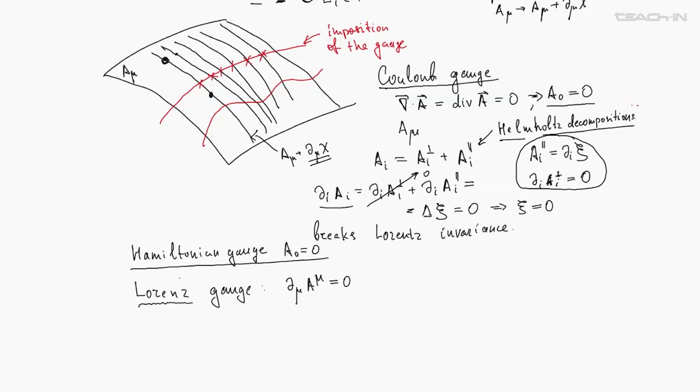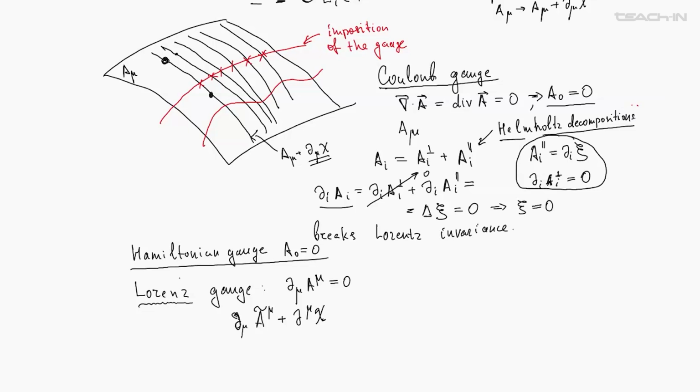Say you have some gauge potential, A mu tilde, which does not satisfy this condition, and you add to it a gauge transformation, and then you require that d mu acting on this gives you 0.